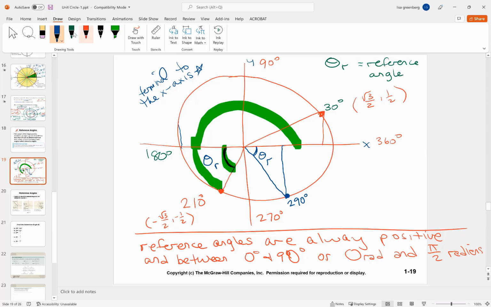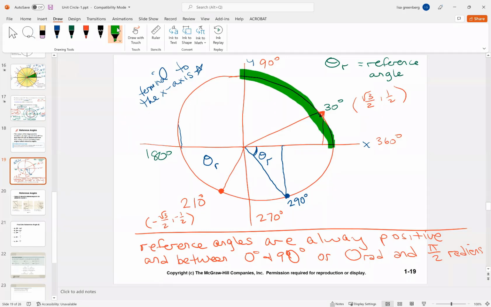So what do I do? 360 minus 290. Right. Here, let me erase this so I can explain better. So I know if I start at 0 and I go all the way around to here, that's 290.